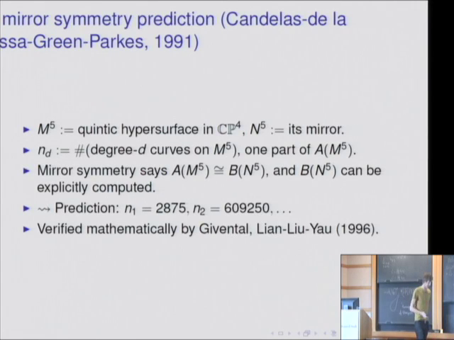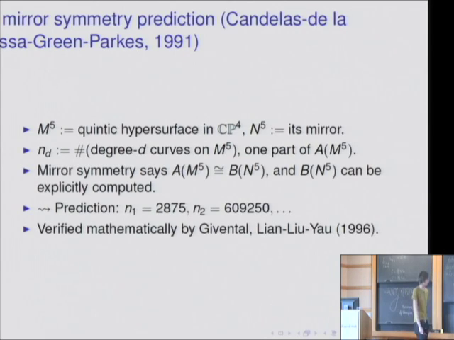Now let me tell you about the first time mathematicians got really excited about this mirror symmetry deal. These string theorists, whose names are up there, considered the case of a quintic hypersurface in CP4, a quintic threefold. They cooked up a mirror space to this quintic threefold called N, and they looked at one part of the A model, which is really interesting: the number of degree D curves on this quintic threefold.